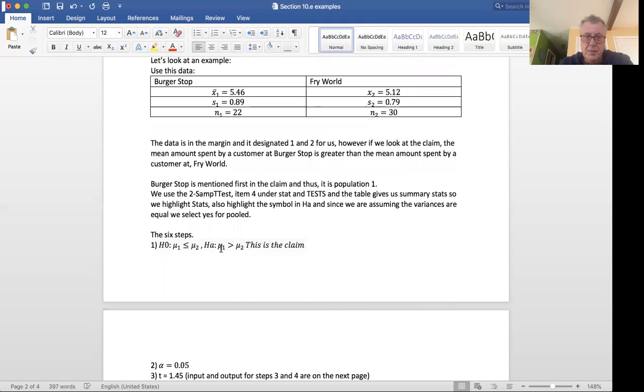So since the claim is that BurgerStop, which is group 1, has a greater mean transaction than group 2, which is FryWorld, that's HA, because it doesn't have an equal. H0, BurgerStop then would have to be the opposite of that, so that means it's equal or less than the mean transactions from group 2, FryWorld.